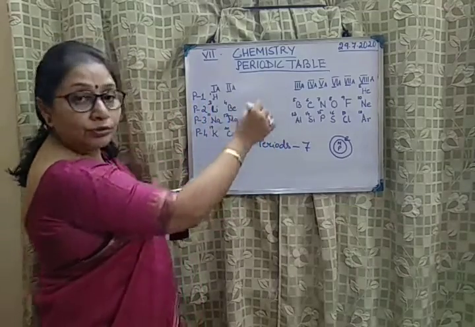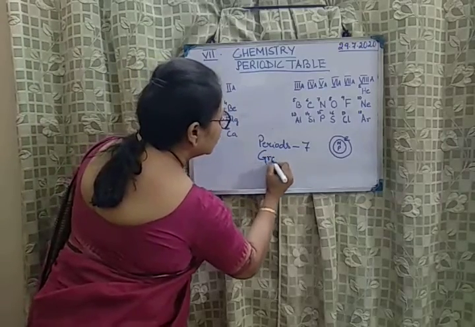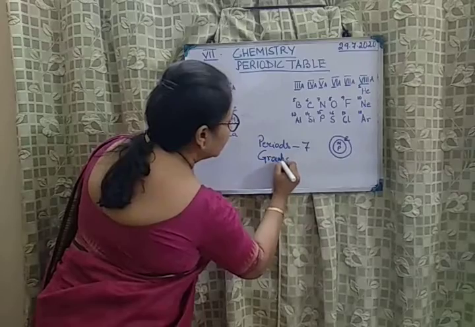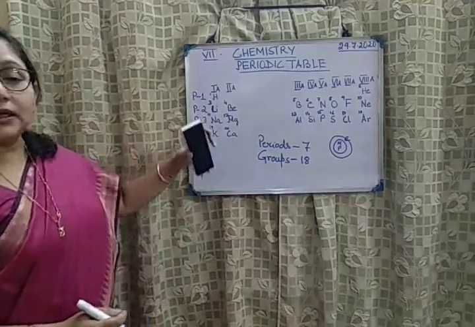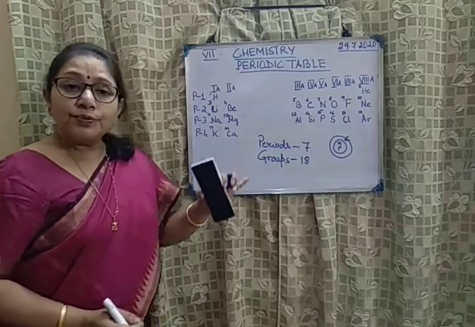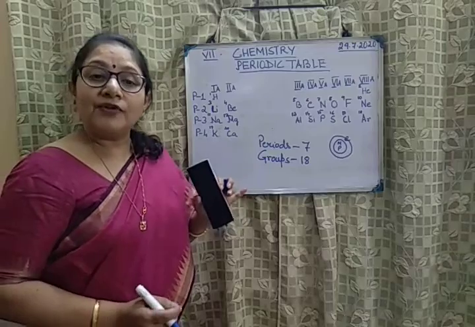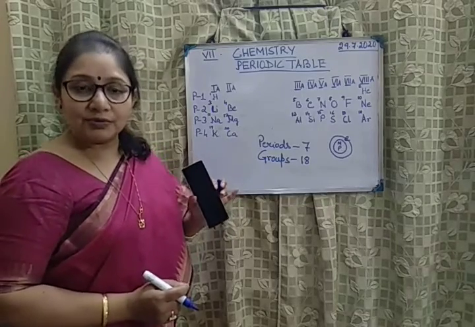The vertical columns are called the groups, and these are 18 in number. These groups are according to the number of electrons present in the outermost shell of an atom of an element.